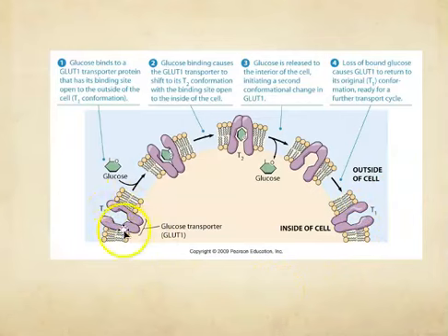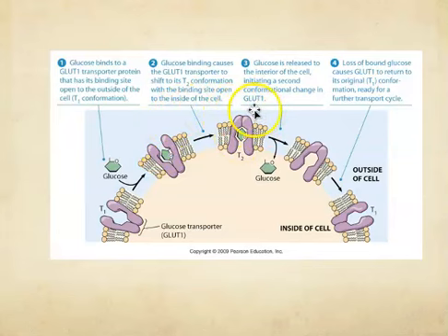The carrier protein normally sits in the membrane, open to the outside of the cell and closed to the inside of the cell. When there's more glucose outside than inside, let's say right after you eat, the glucose can bind to the carrier protein. The binding action of glucose, the fact that the glucose comes in and sticks to the protein, is going to cause the protein to change shape.